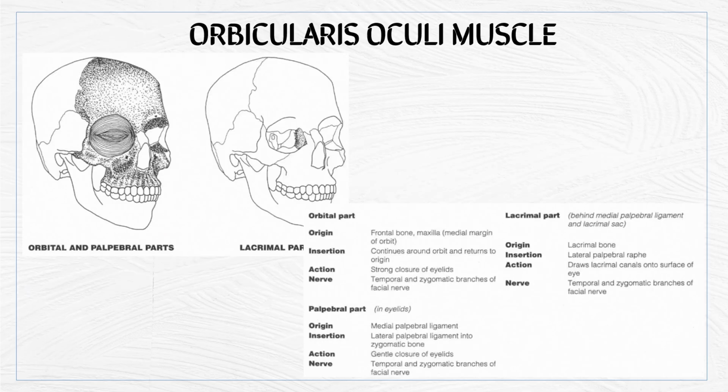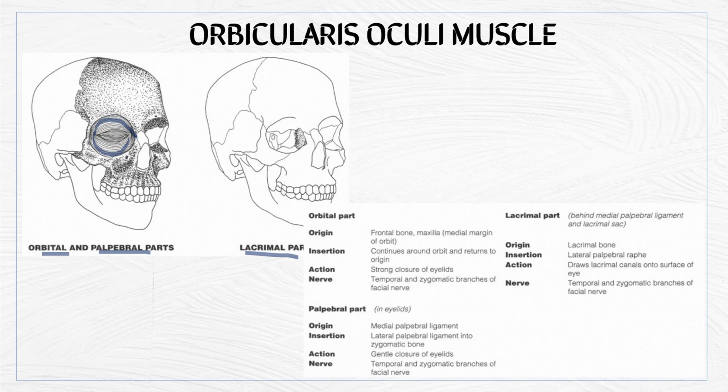The next muscle is an important muscle, orbicularis oculi, the eye muscle. It has three parts: orbital part, palpebral part, and lacrimal part. The orbital part originates from the frontal bone and maxilla, continues around the orbit and returns to its origin.